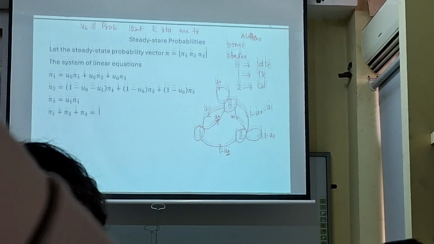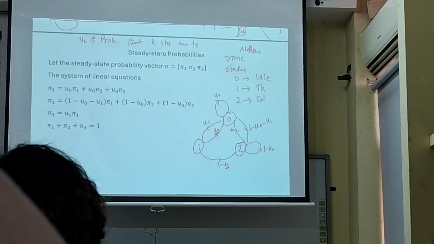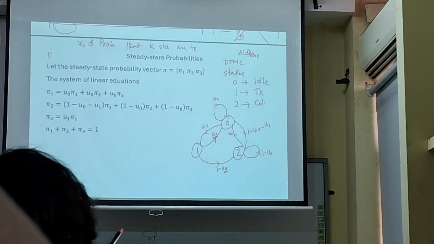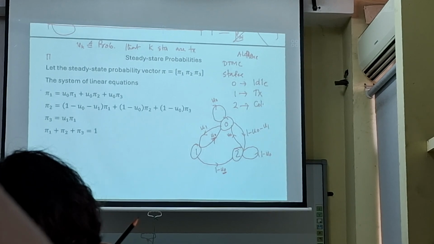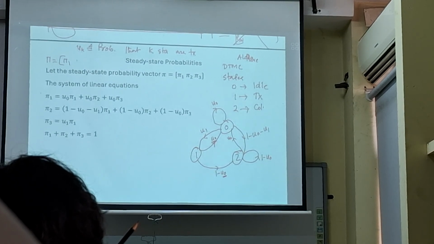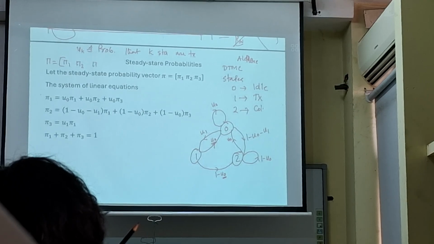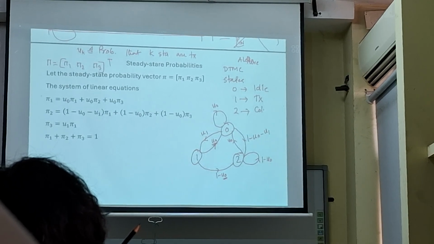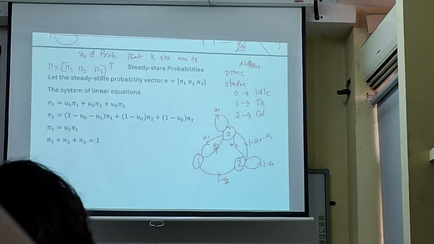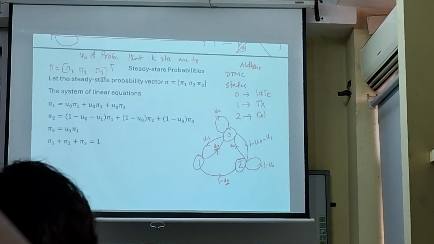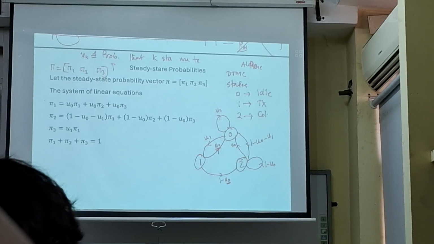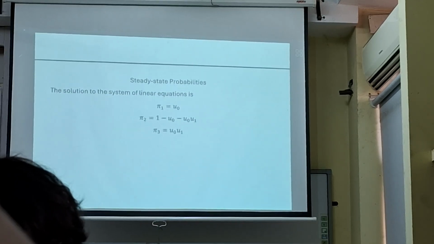So we can define the steady-state probabilities according to this notation. We have three states, y1, y2, and y3, with steady-state probabilities given by this. Then we can set up a system of linear equations. I will show you how to solve a simple system of linear equations.